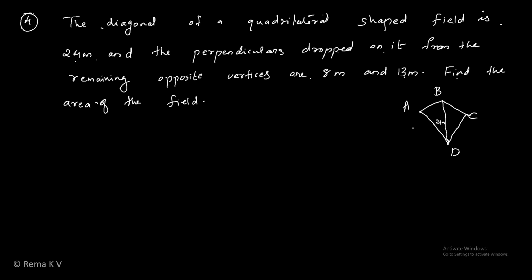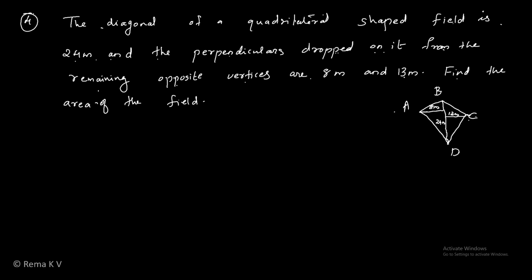And the perpendiculars dropped on it from the remaining opposite vertices. The opposite vertices here are A and C. So the perpendicular from A and the perpendicular from C are 8 meter and 13 meter.